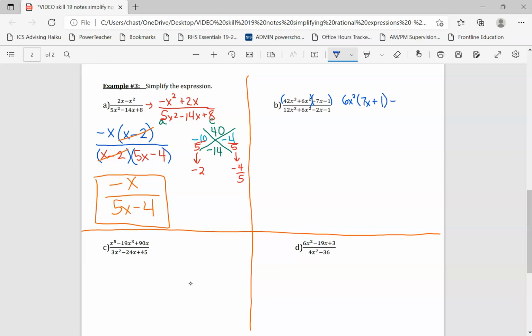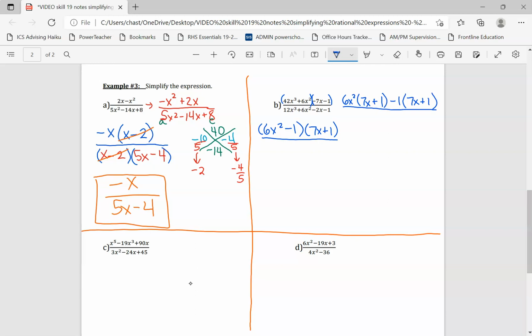In the second group, I can factor out a negative 1, and that gives me 7x plus 1. Knowing what we've done in the past with these, that means that I have 6x squared minus 1, that's my GCFs, and then 7x plus 1, that's my numerator.